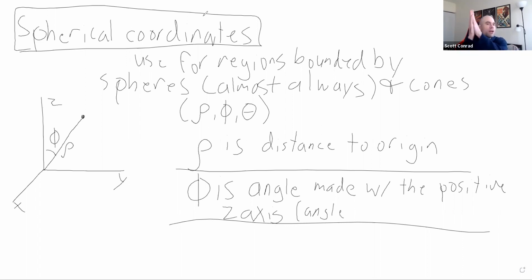Think of it as the angle from vertical. If you're lying straight up on the z-axis, phi equals 0. As you get away from the z-axis, if you look at the line from the origin to your point, as that angle comes down from vertical, phi is going to increase.